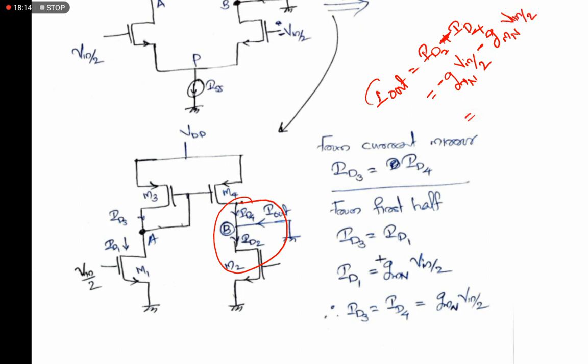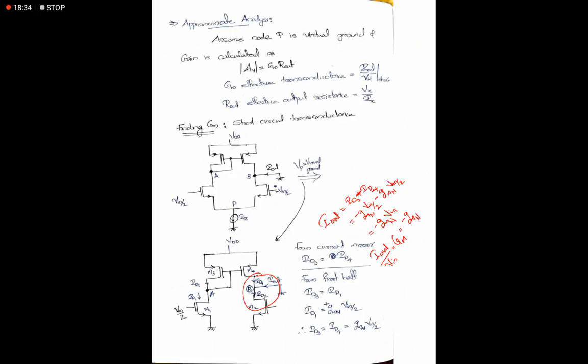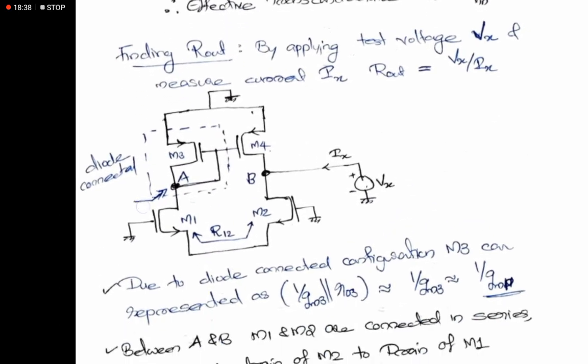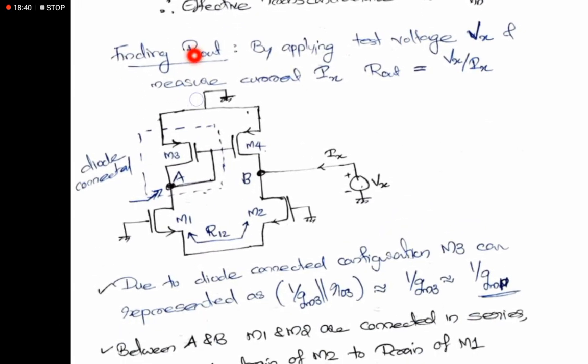So we get minus GmN into Vin. Then Iout by Vin, the effective transconductance Gm, equals minus GmN. Then we will proceed to the next step to find the Rout of this circuit.